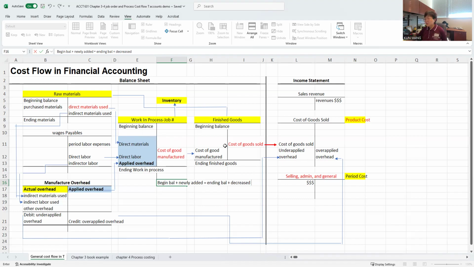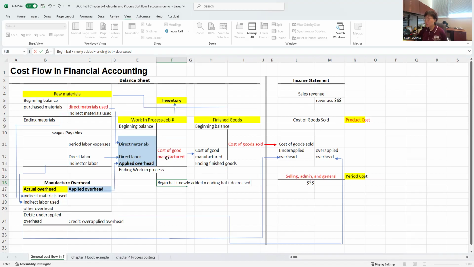So in this chart, rather than knowing all of the flow, it helps us understand the two major cost reports, but also even your income statement. So cost of goods sold, cost of goods manufactured, and the income statement.